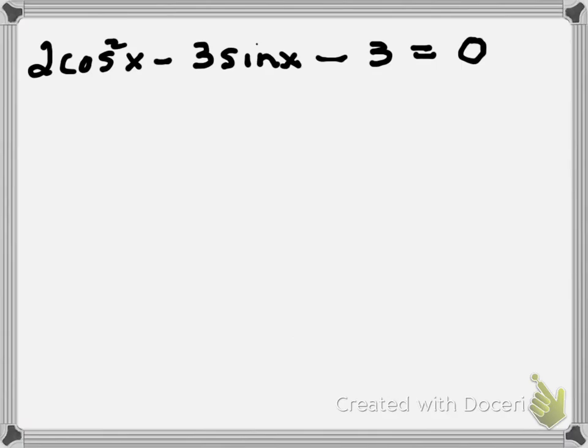What I need to do now is to get everything in terms of one trig function so that I can work with it. And I do know a Pythagorean identity of sine squared plus cosine squared equals 1. So I can make a substitution in place of cosine squared of 1 minus sine squared.